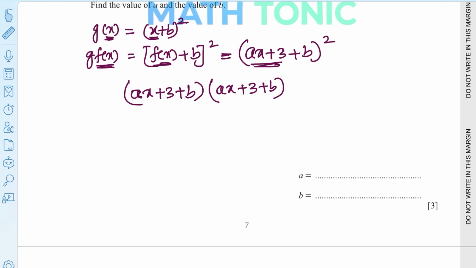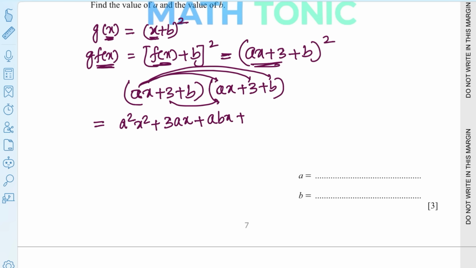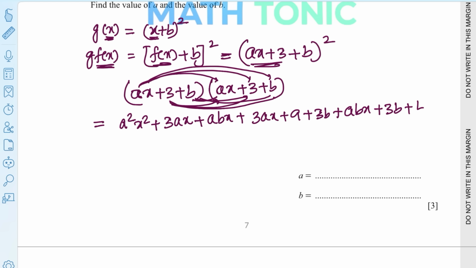Now what to do is, we can do it like this: ax times ax gives a squared x squared, ax times 3 gives 3ax, right? ax times b gives abx. Again, 3 times ax is 3ax, 3 times 3 is 9, and 3 times b is 3b. Is it okay? Plus this one, b times ax is abx, b times 3 is 3b, and b times b is b squared, right?